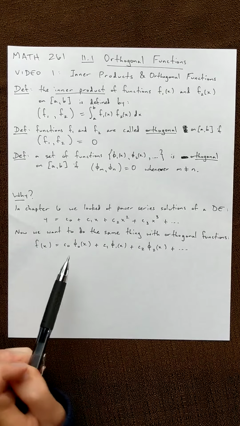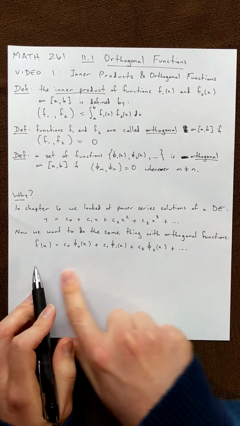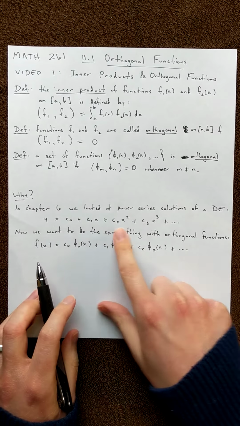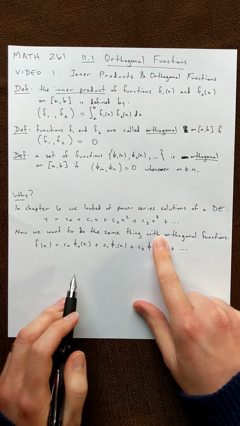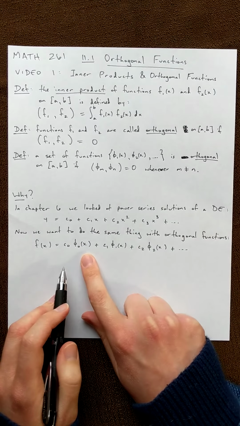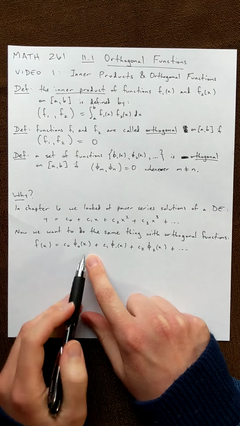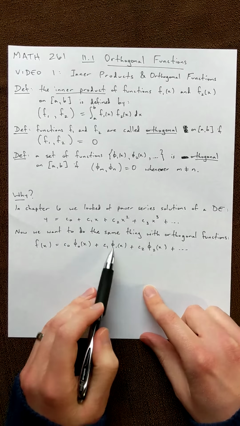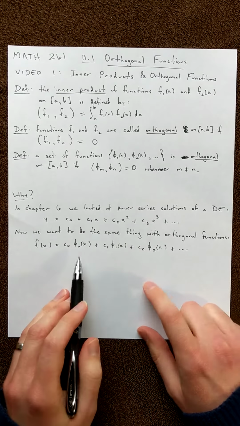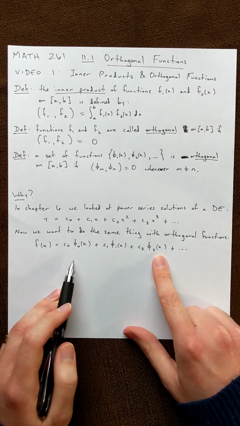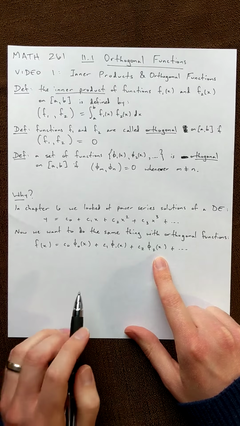So I'm going to make an assumption here, and show you why this isn't as complicated as simple powers of x. As far as writing things down, simple powers of x are simpler than if these were, I don't know, a square root of x, a sine of x, an arctangent of x, or some weird functions. But if these functions happen to be orthogonal, some cool things are going to happen.